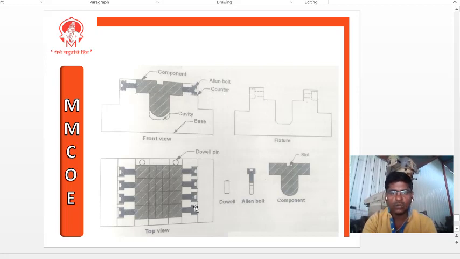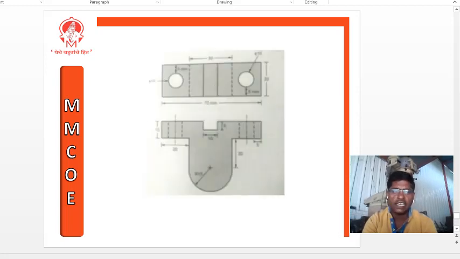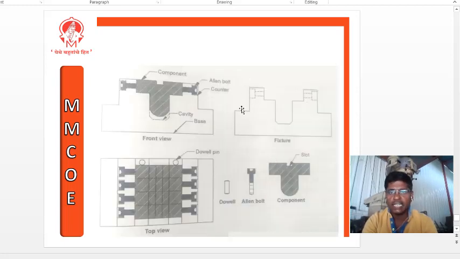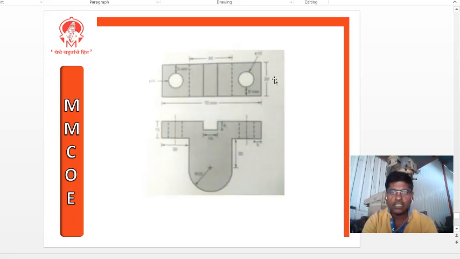By using these two screws I can clamp this job inside the fixture. Many times you may have a modification. If these previously drilled holes are there, I can place another vertical and horizontal type of clamp over here, and from the top I can place another Allen bolt which can clamp this job.